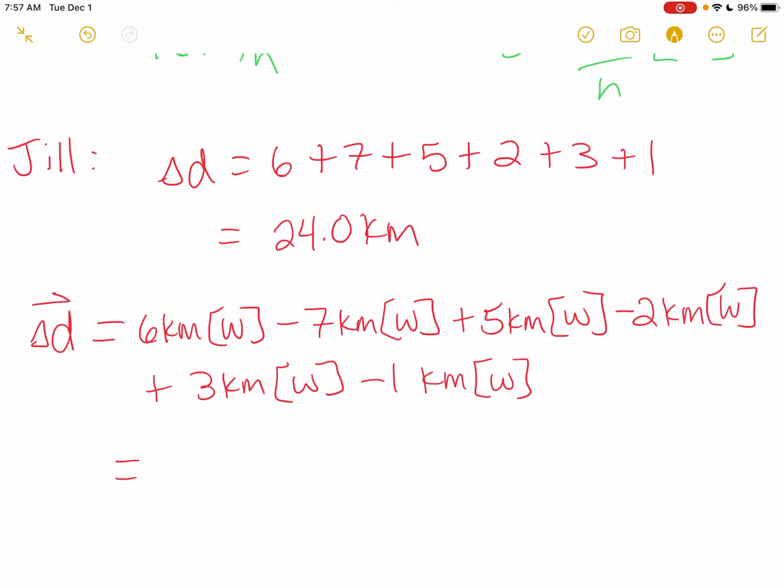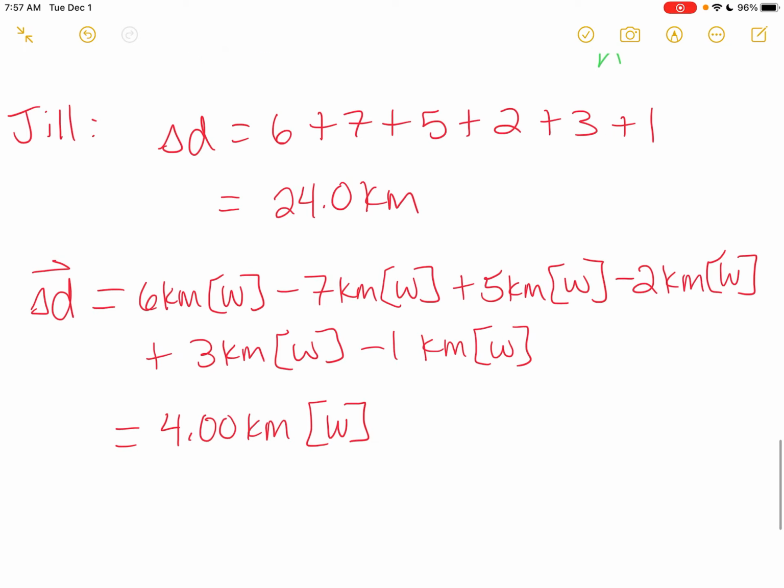So that's going to give us a total displacement of 4 kilometers to the west. So we did our 6 minus 7 plus 5 minus 2 plus 3 minus 1, giving us our 4 kilometers to the west.